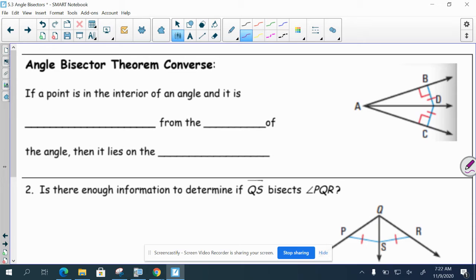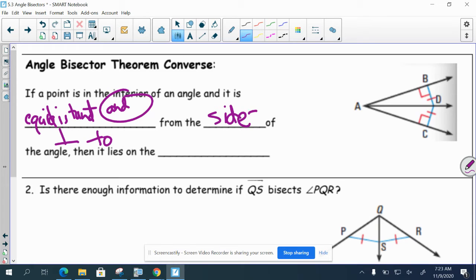So the converse then states that if a point is in the interior of an angle, so point D is anywhere on the interior, just pretend that AD isn't marked there, and it is equidistant, and important here, equidistant and perpendicular to or from the sides of the angle, then it lies on the angle bisector.